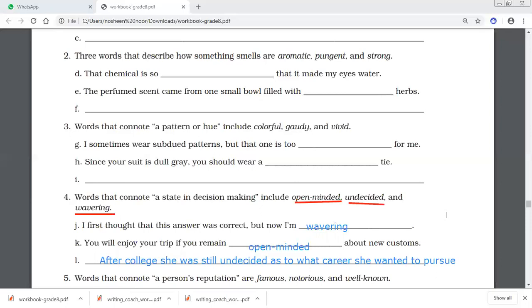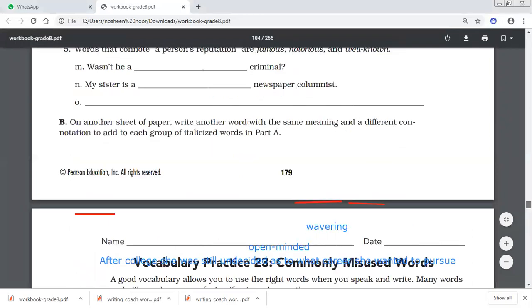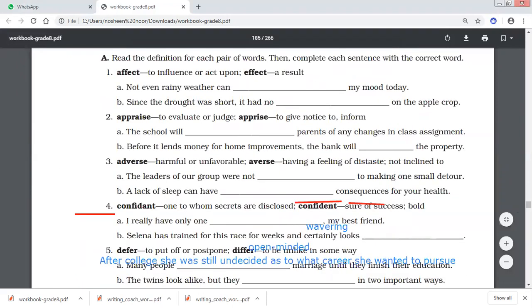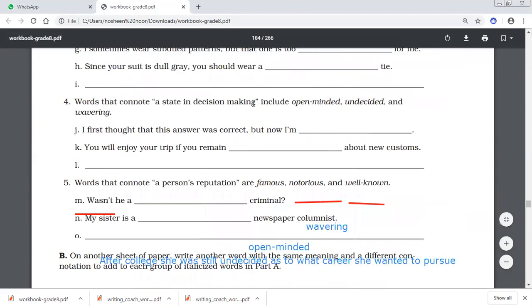Now you have the last one, and I'll end the meeting. The last one goes: words that connote a person's reputation.